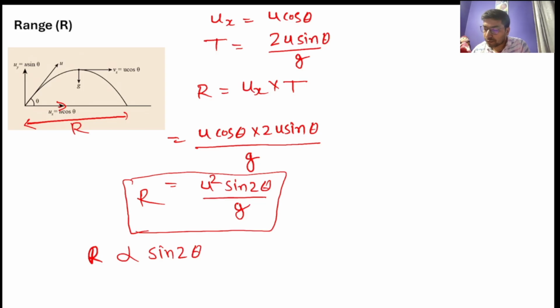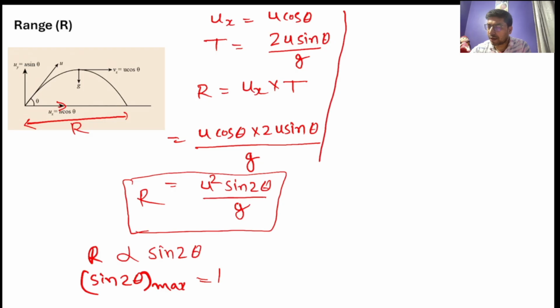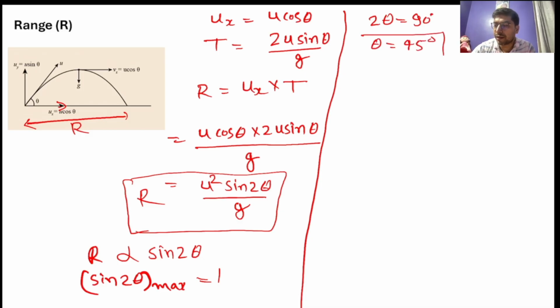So the maximum value of sine 2 theta is 1. And when will it be 1? When 2 theta is equal to 90 degree, which means theta is equal to 45 degree, right? Very important value. So when will we get maximum range? When you throw the object at an angle of 45 degree, for maximum range.